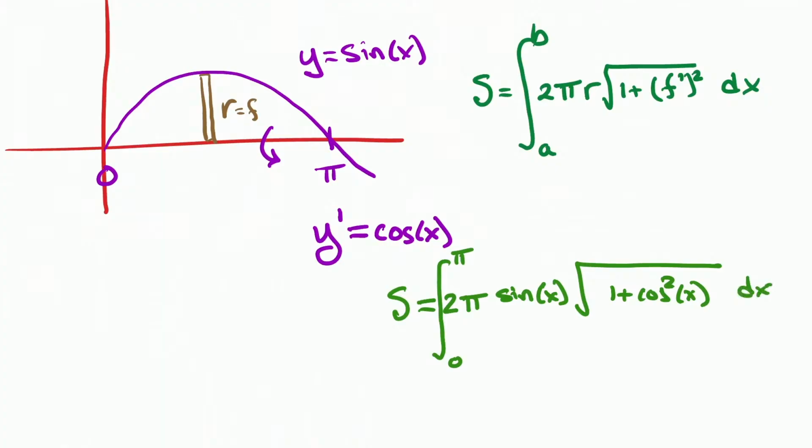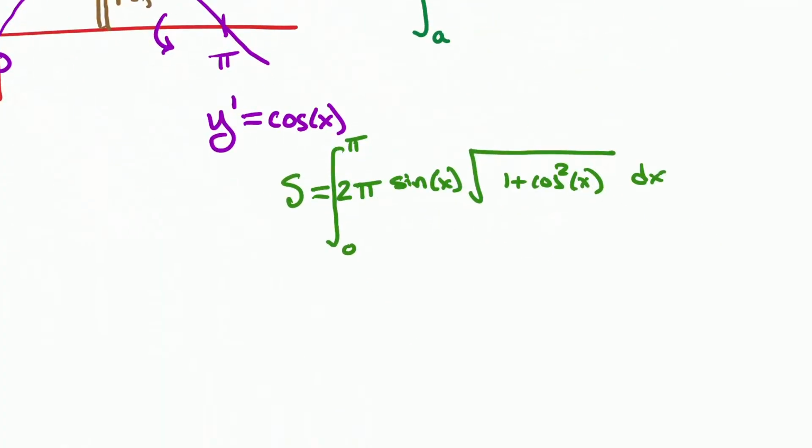Before you get too excited, I guess I should say you can use substitution here, but the substitution is going to get kind of ugly. u would equal cosine, du would be sine dx, and when you got done with all of that, things don't work out as nicely as you might hope, because you end up with the square root of 1 plus u squared, and nothing to deal with on the outside for that.